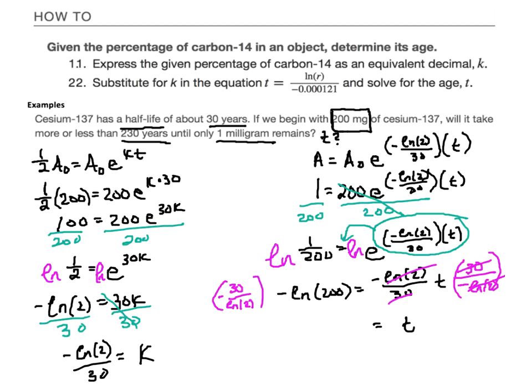So let me just note, these two things on the left-hand side are being multiplied, so a negative times a negative is a positive.